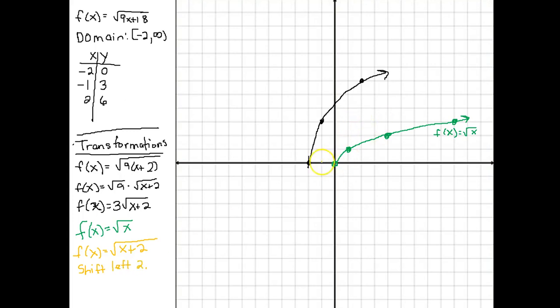So this point here goes over 2. This point here goes over 2. This point here goes over 2. This point here goes over 2. So that's f of x equals square root of x plus 2.